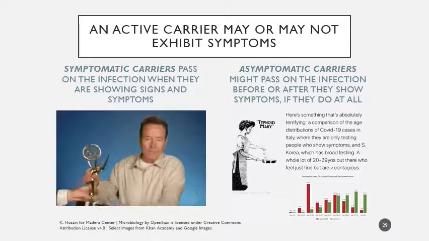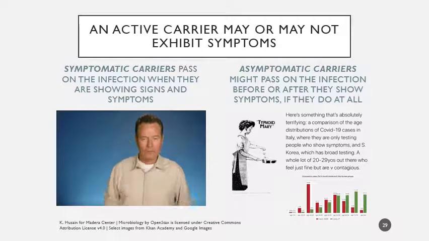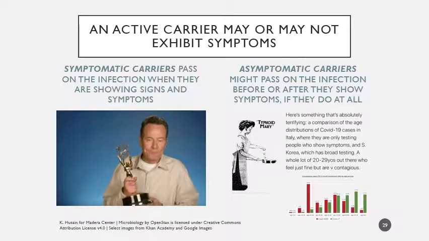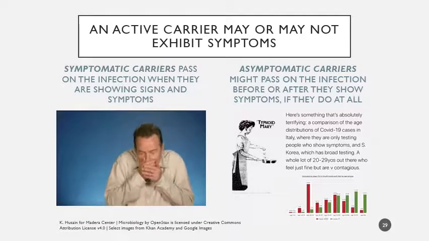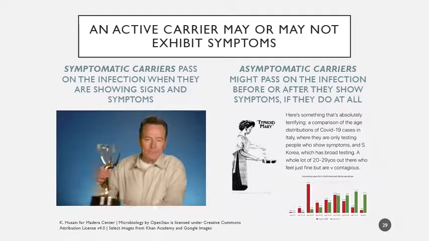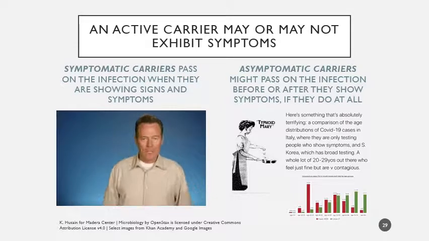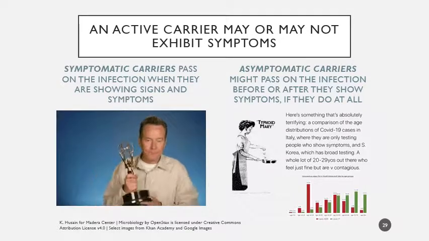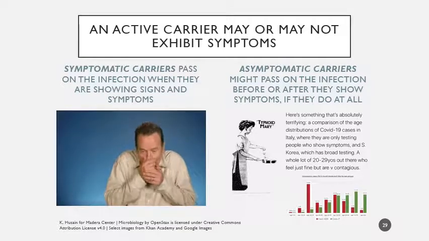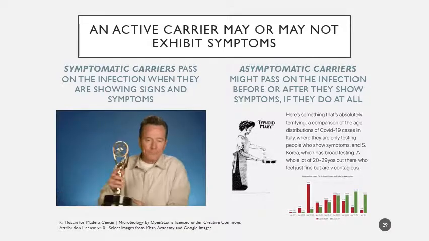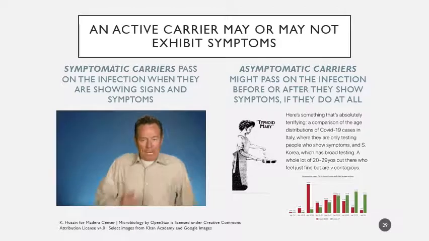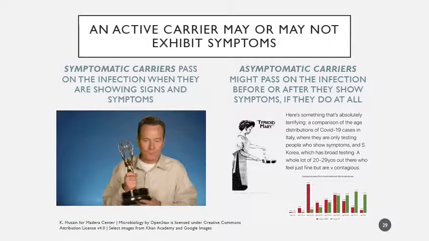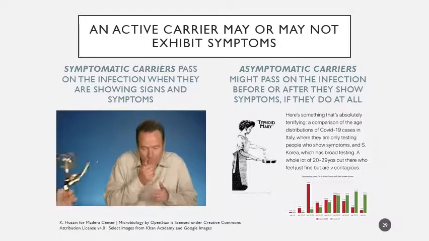The green bars are showing Italy, where they only test people with symptoms. So you can see that they track fairly well that older adults are more likely to show severe symptoms. That's why I think the green bars are really high in those older age brackets in Italy, because those are the people who have symptoms. They're actually getting treatment for it.